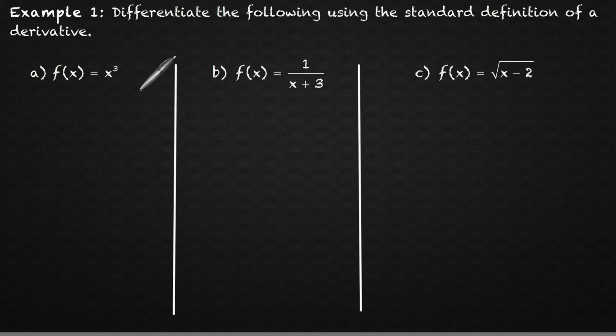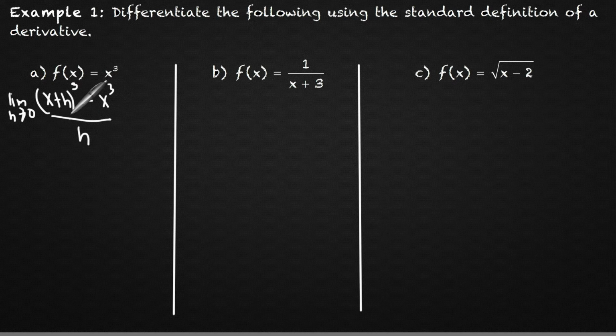All right, so we have three functions here that we need to take the derivative of using the standard definition. So let's jump in and get started. The limit as h approaches 0, and we're going to plug x plus h into this function, cubed, minus f of x, over h.